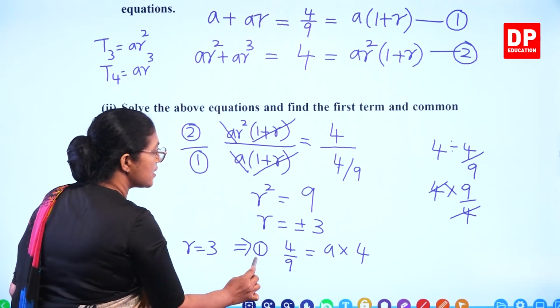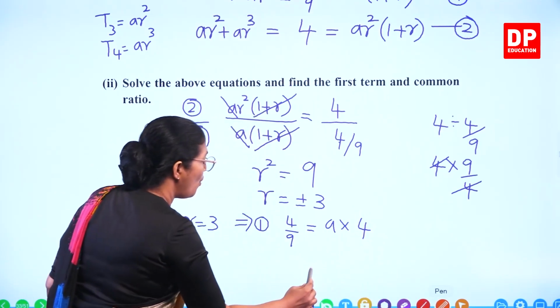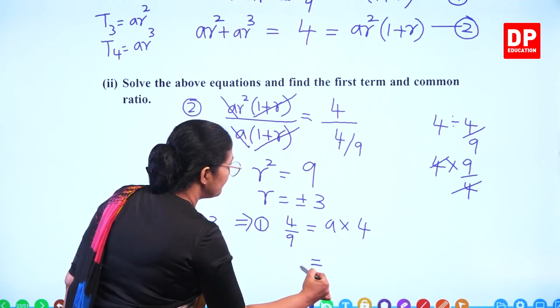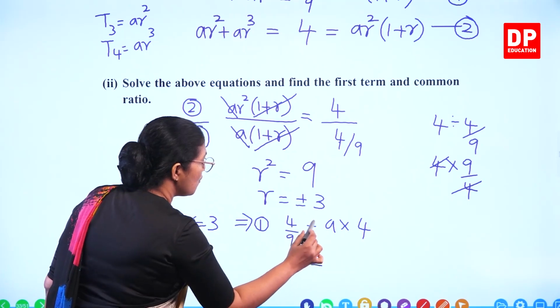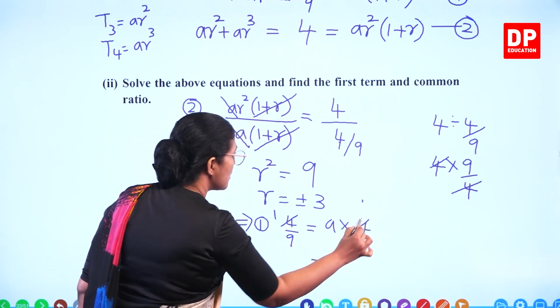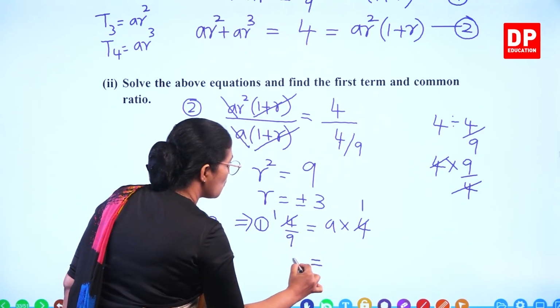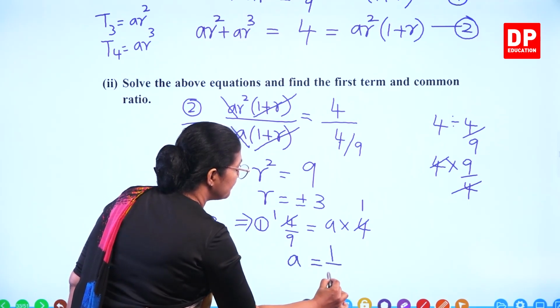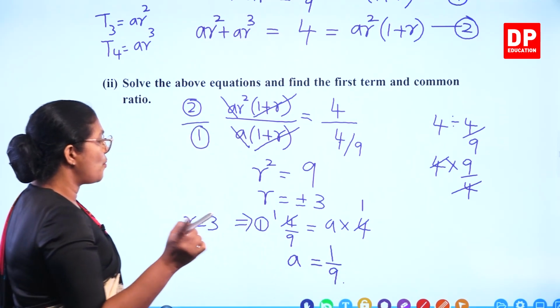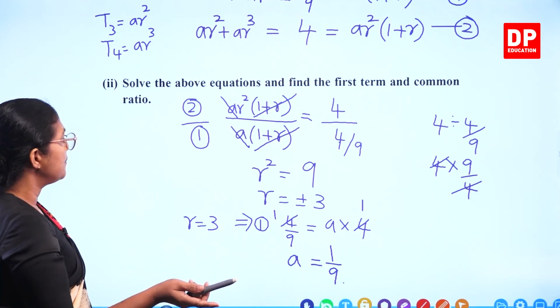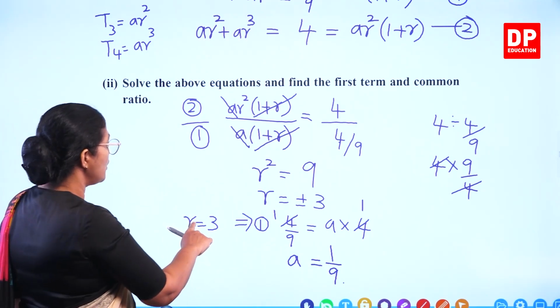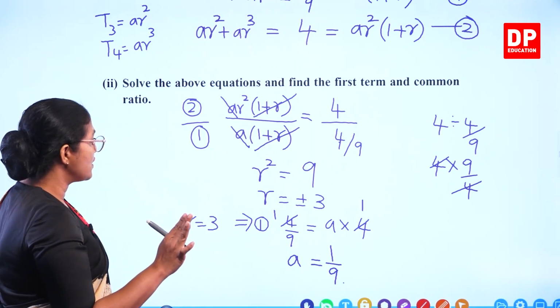So you get, divide by 4, you get 4 and 4 get cancelled out. You get A equals 1 over 9. So first term is positive, and if you take R equals the positive value.